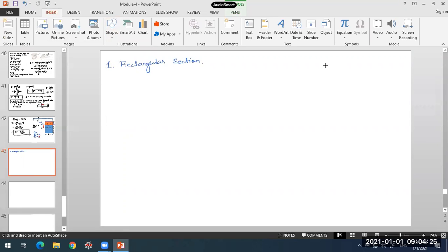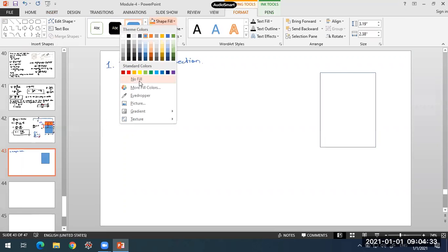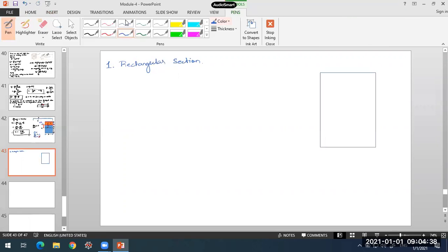So this is the section what we'll take here, right? And let's say this is B, the width of the section, and D is the depth of the section, overall section.